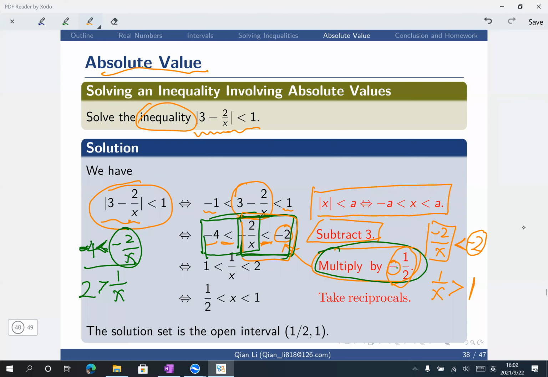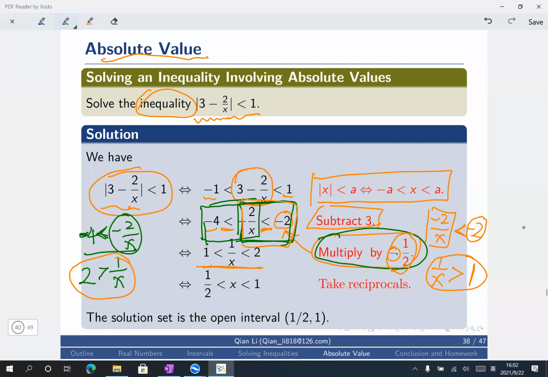And if we put this inequality and this inequality together, we will get this inequality, right?